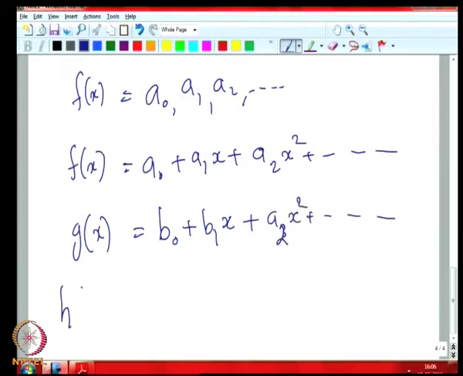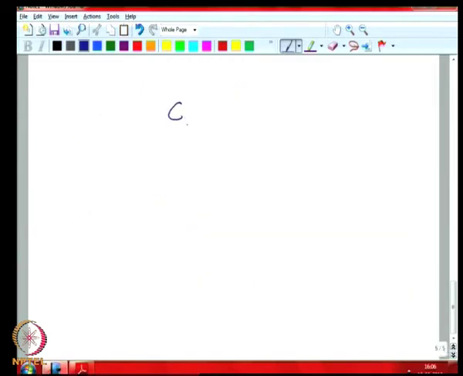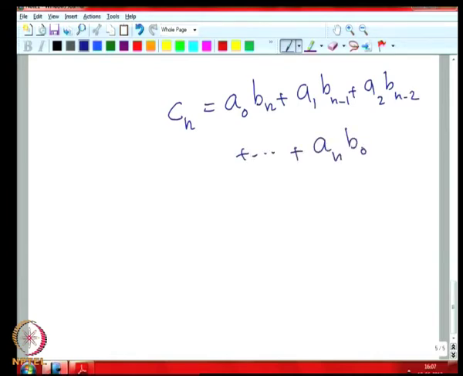Then let us say h(x) equals f(x) into g(x), and let us write this as C0 plus C1 x plus C2 x squared and so on, right. Then we say that Cn, the coefficient of x raised to n, will be given by A0 into Bn plus A1 into Bn minus 1 plus A2 into Bn minus 2 and so on, all the way to An into B0. Why is it so?